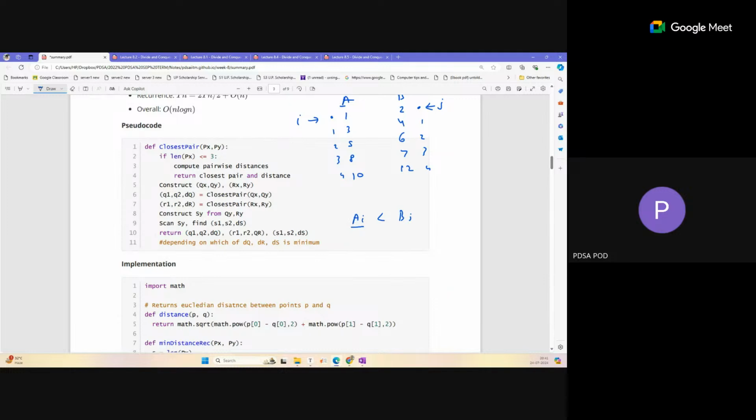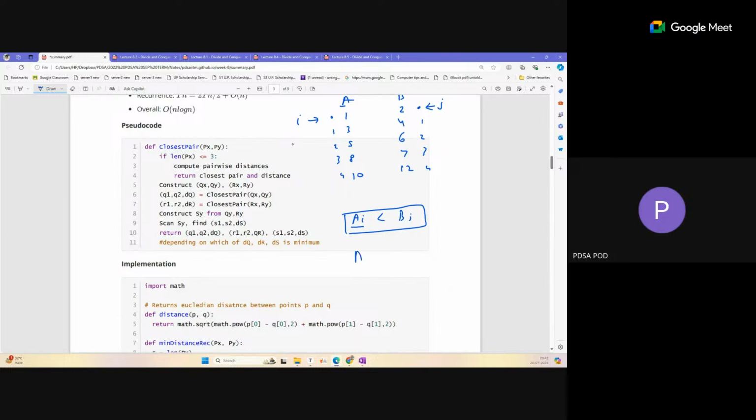So if the A element is smaller than the B element, the order of the elements is correct. 1 is smaller than 2, and A is on the left, so this 1 is on the left side and the 2 is on the right side of the array. So this order is correct, and there is no need to count this as an inversion.